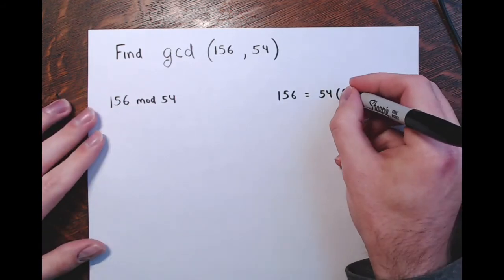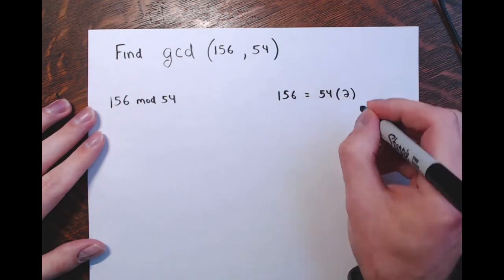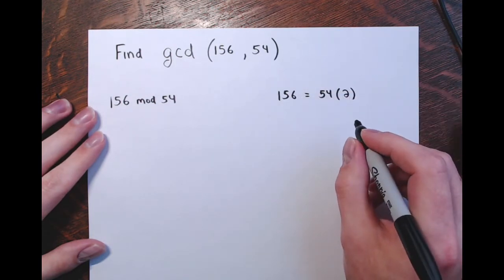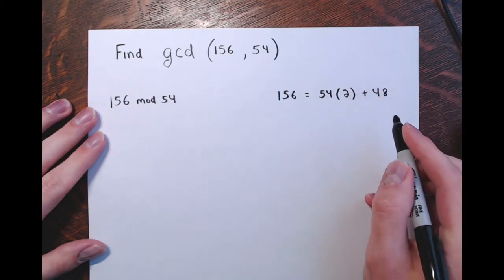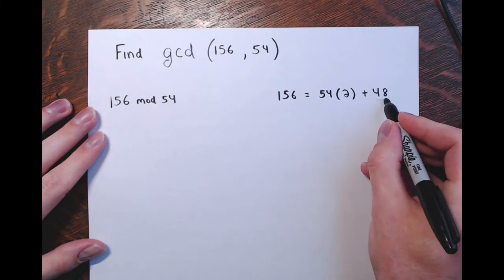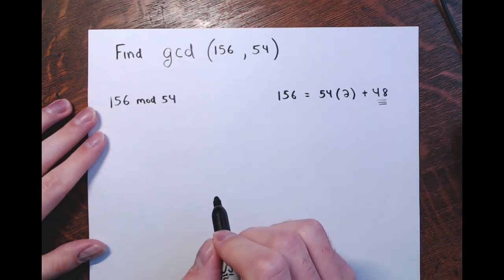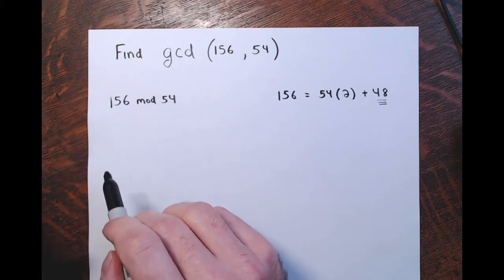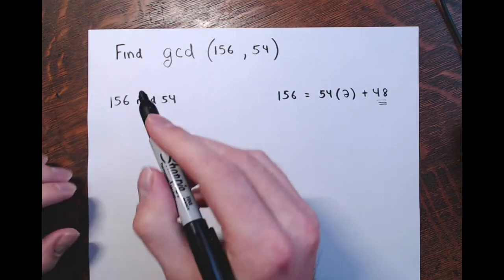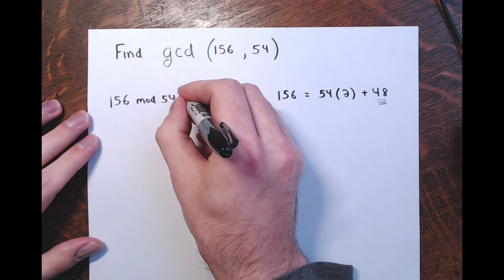So 54 times 2, which is 108, and then 108 plus 48 would be 156, and this is the remainder I'm looking for here. And again, if you're doing mod 54, your result should be from 0 to 53. All right, so this is 48.